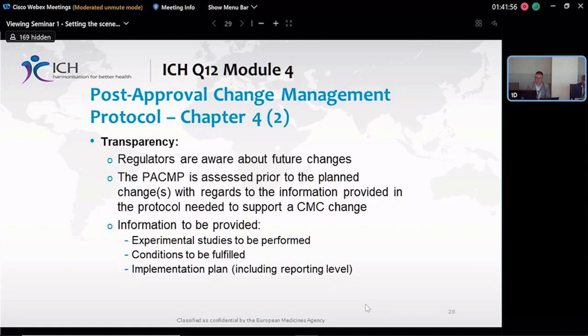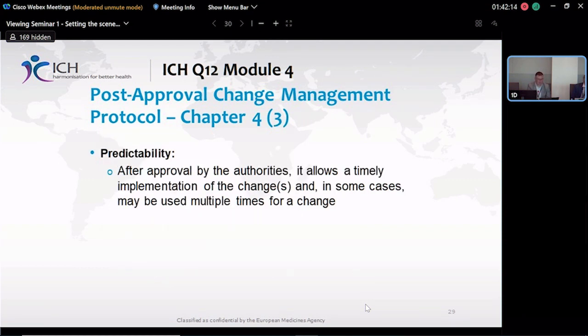So within a change management protocol, the company will outline what experimental studies they intend to perform, what conditions they intend to fulfill, and what their plan is to implement this CMC change, including the variation reporting level. After it's assessed by the authorities, then it allows a timely implementation of the change and can be used multiple times for a change. So this gives the predictability.